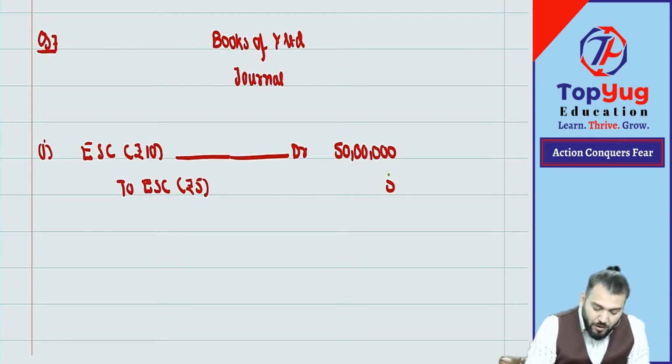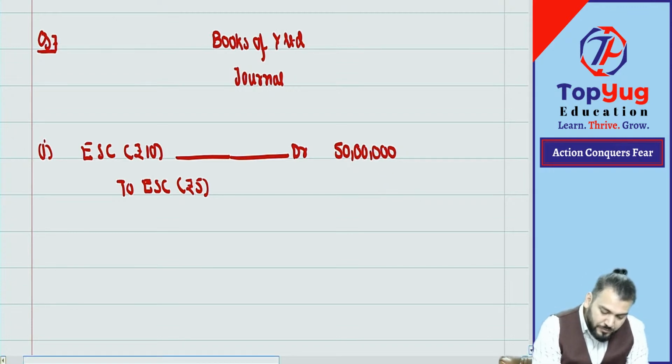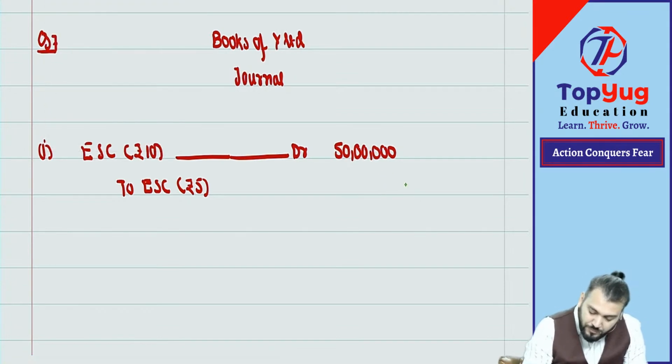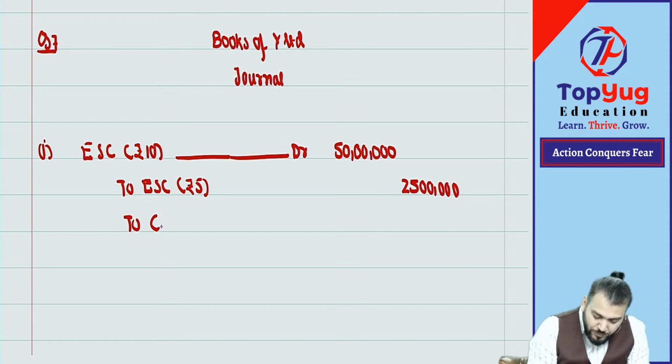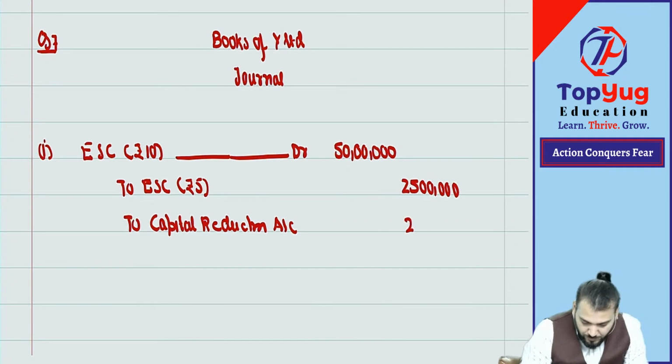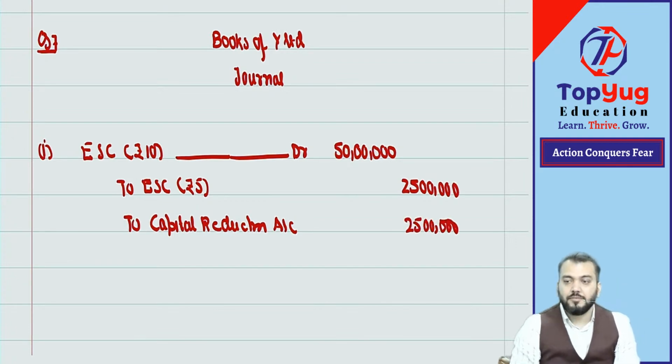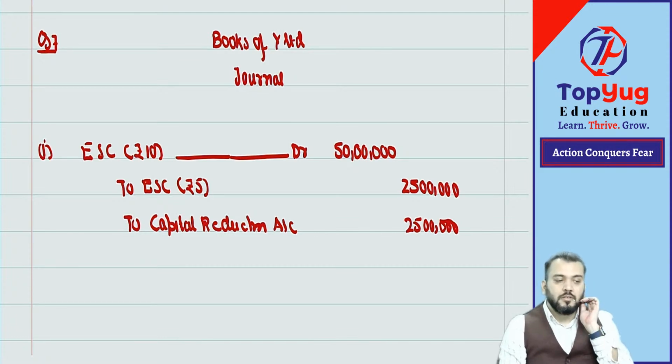So it will be 25 lakh, and the balance will be transferred to capital reduction account, 25 lakh. Right. Got it?